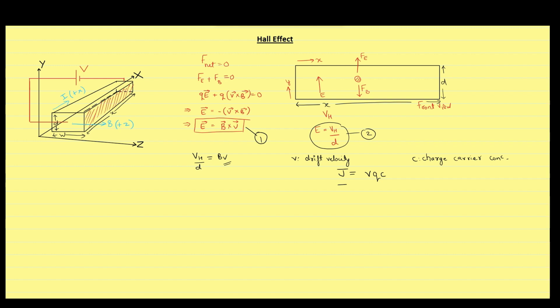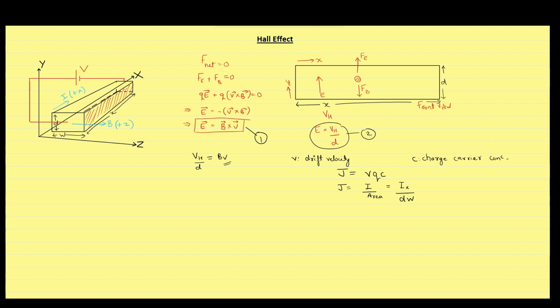Also, we know that current density is actually equal to current divided by area. Since the current is in the x direction, we will introduce a suffix x, and also the area in the x direction is d into w, where d is the depth and w is the width.